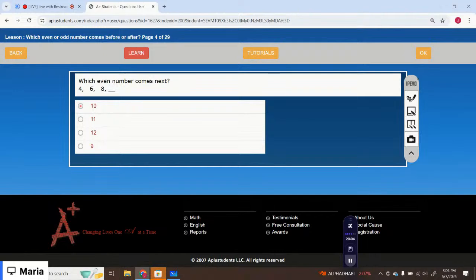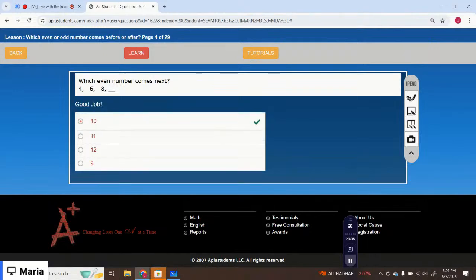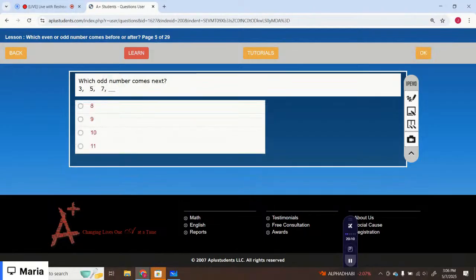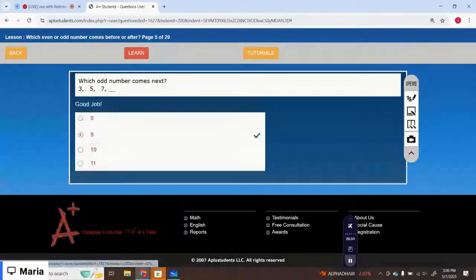Option number 1 is the correct option. Which odd number comes next? 3, 5, 7. So the next odd number is 9. Option number 2 is the correct option.